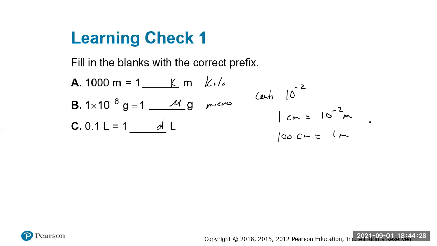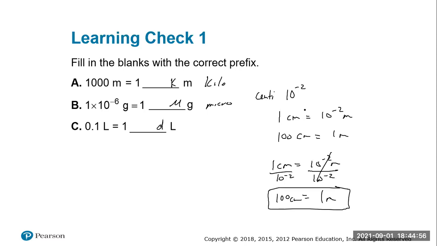And that's what you get when you divide 10 to the minus 2 on both sides. So if you take 1 centimeter is 10 to the minus 2 meters, and you divide 10 to the minus 2 on both sides, that becomes 1 meter. If you divide 1 by 10 to the minus 2, you get your 100 centimeters. So they're the same conversion.